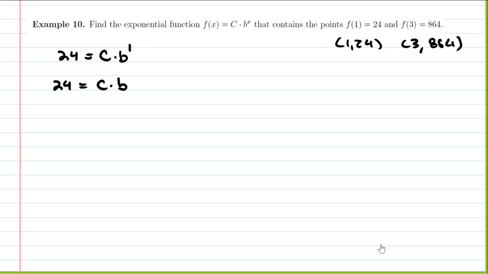If we plug in our second ordered pair, we get 864 is equal to c times b to the third power. This gives us a system of equations in c and b.